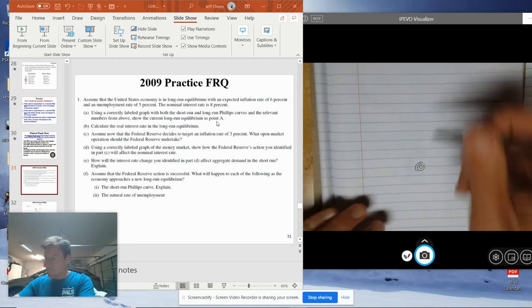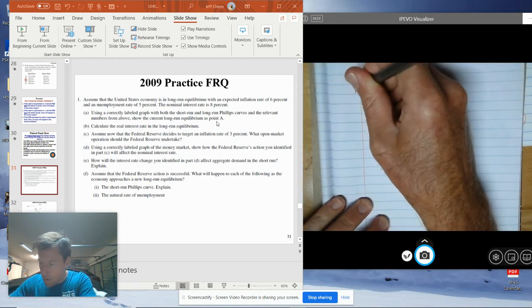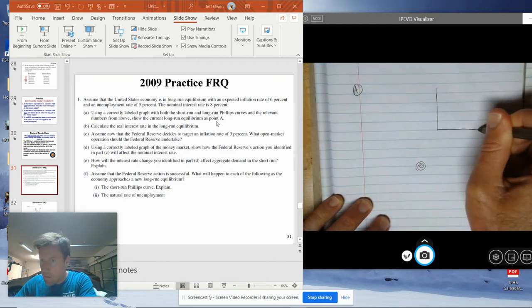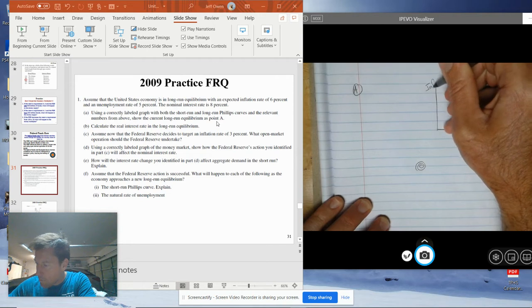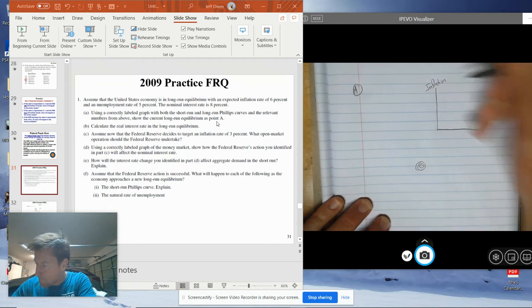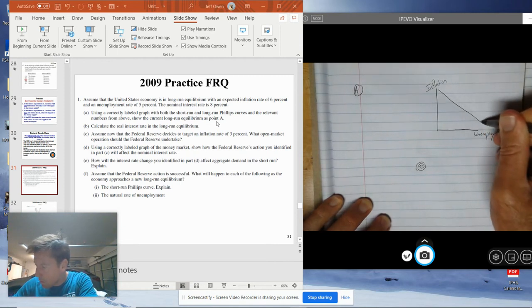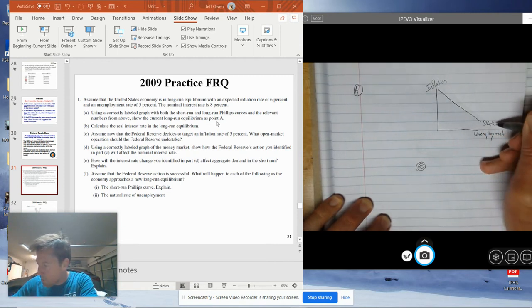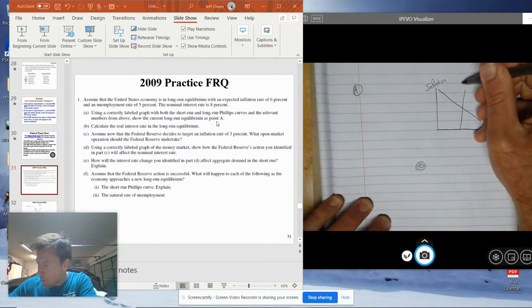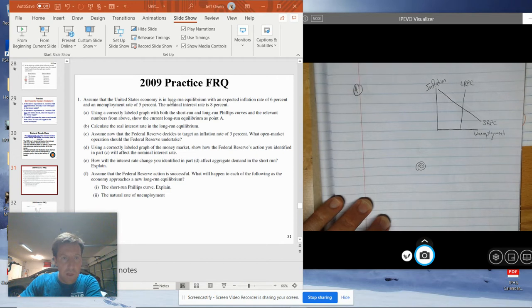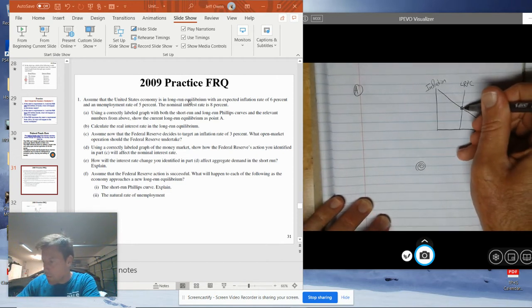All right. So let's get this here. On our y-axis, we have inflation. Down here, we have unemployment. Short run Phillips curve. Long run Phillips curve. They said that our economy is in long run equilibrium. QE is QY, which is the same as being right there.